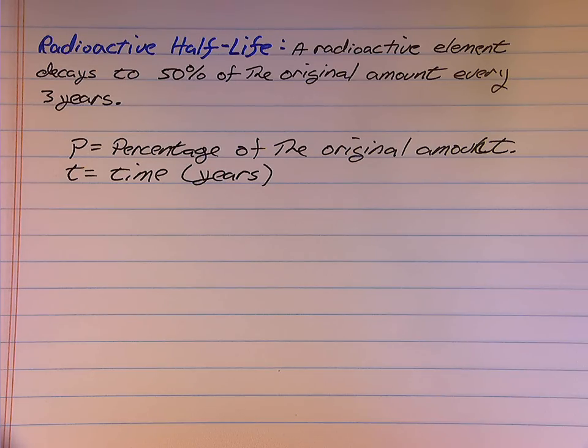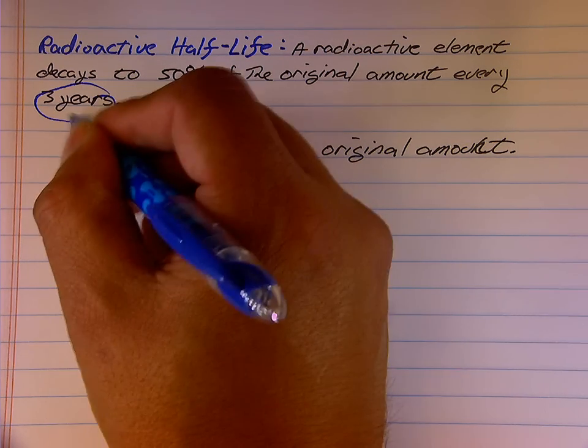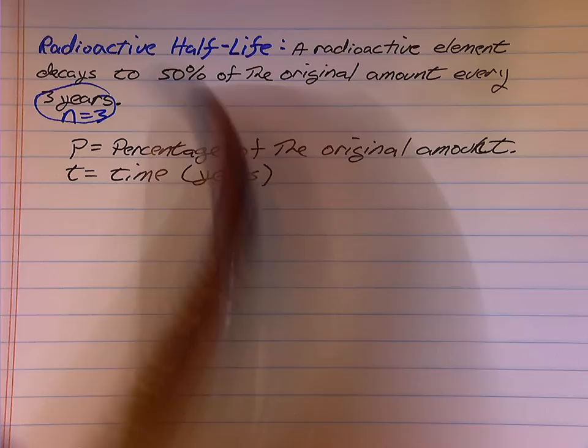Now, I do not have a rate for every year. It's decaying by 50% every 3 years. So since it's happening every 3 years, I recognize that the n in my relative factor is going to be 3.